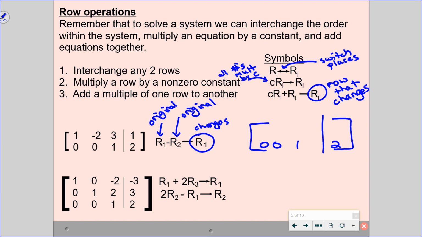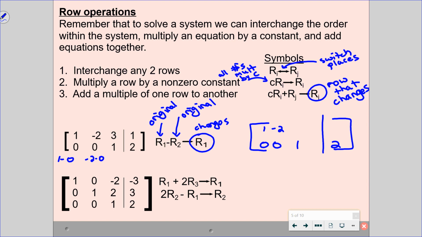When we do that, row 1 has a 1 for the first spot, so we do 1 minus 0, which gets us a regular 1 in that first spot. In the second column, we have negative 2 minus 0, which ends up as negative 2. So far, nothing has changed whatsoever.